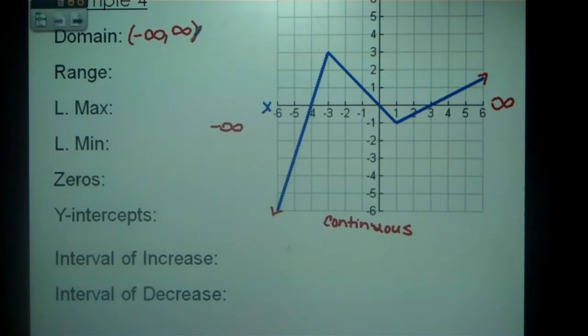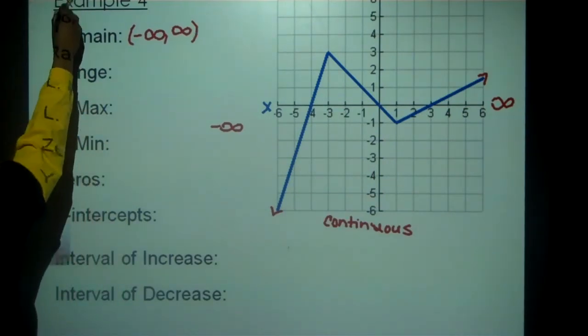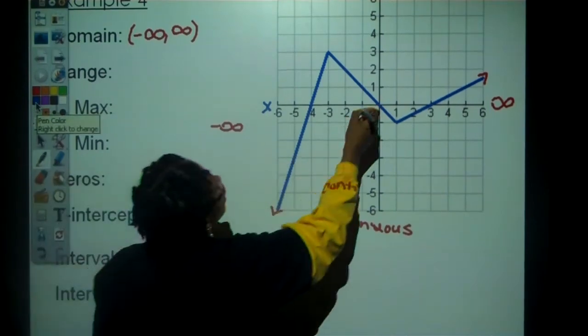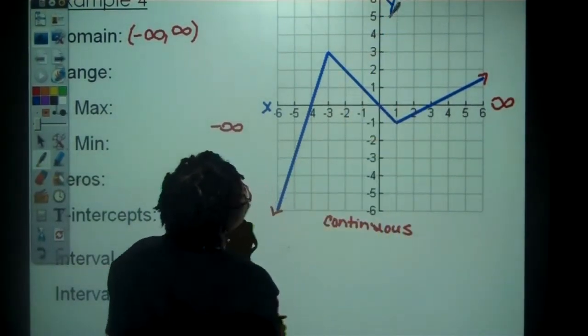Next, we're going to look at our range. Our range looks at how high and how low the graph will go on the coordinate plane according to the y-axis. So here is our y-axis. Our y-axis goes up and down.